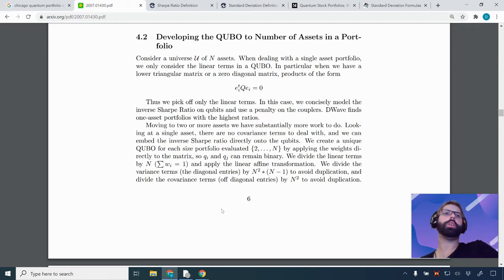We create a unique QUBO for each size portfolio evaluated by applying the weights directly to the matrix. So Q_i and Q_j can remain binary. We divide the linear terms by n and apply the linear affine transformation. We divide the variance terms, diagonal entries, by n to avoid duplication, and divide the covariance terms off diagonal entries by n squared to avoid duplication.